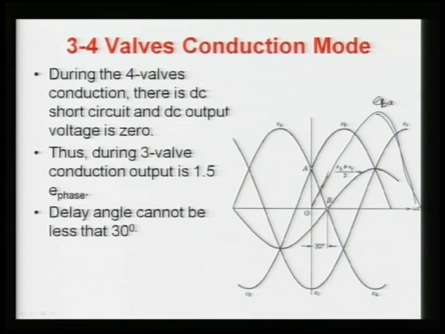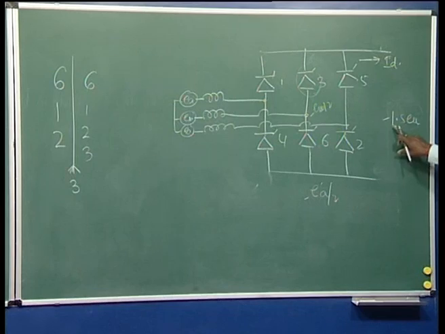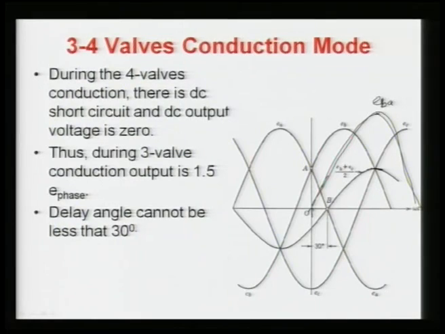So, this is basically the commutation voltage. Now, at this point is minus 1.5 EA, and this is this voltage. So, what happens is that at this point this voltage is negative.